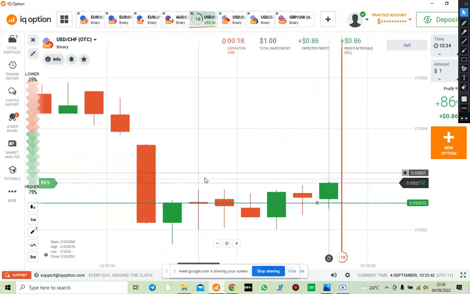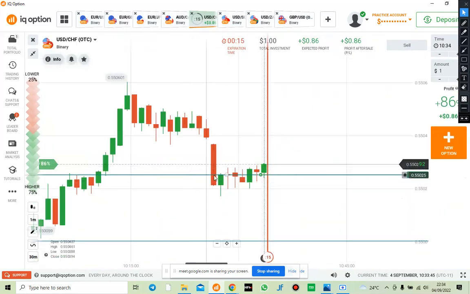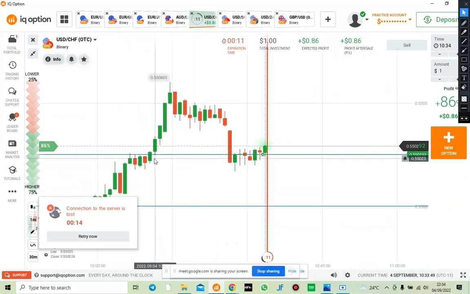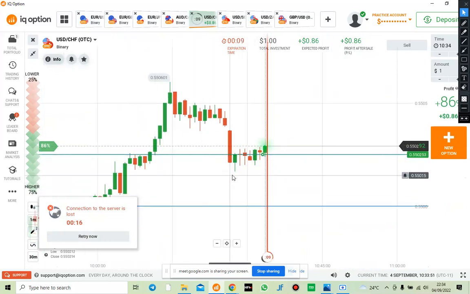The reason why I said the next candle here should be green is because this is a level, not a round number, a key level.